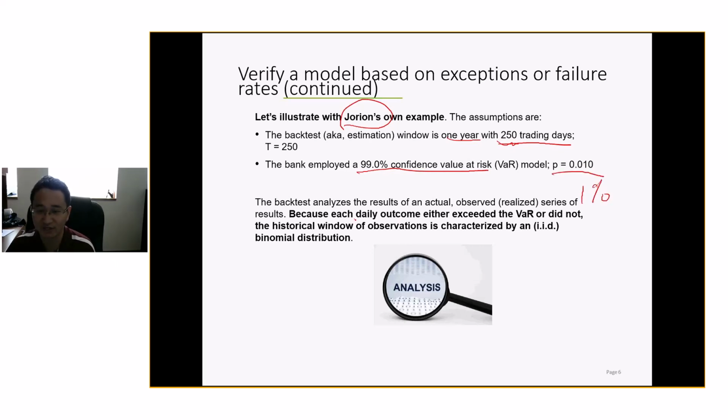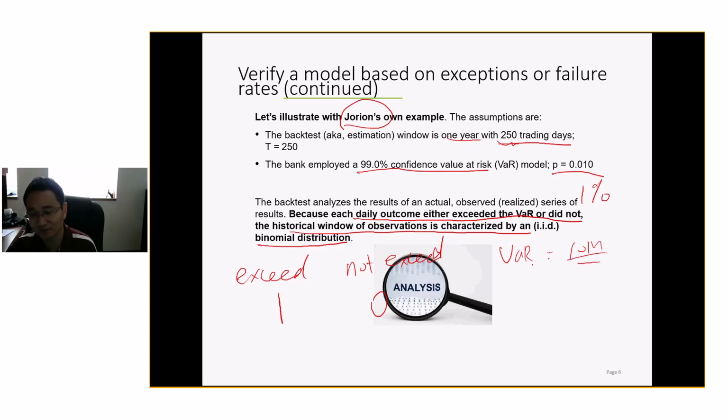Because each daily outcome either exceeds the VaR or does not, the historical window of observation is characterized by a binomial distribution. If it exceeds, you record it as 1. If not exceeded, 0. What does that really mean? You tell me VaR is, let's say, $10 million. So you tell me the daily value at risk is $10 million, meaning you lose that much.